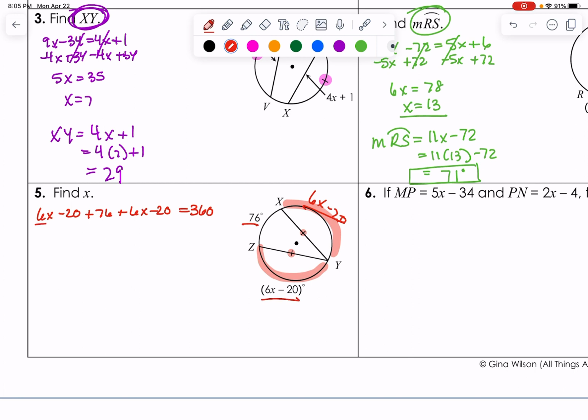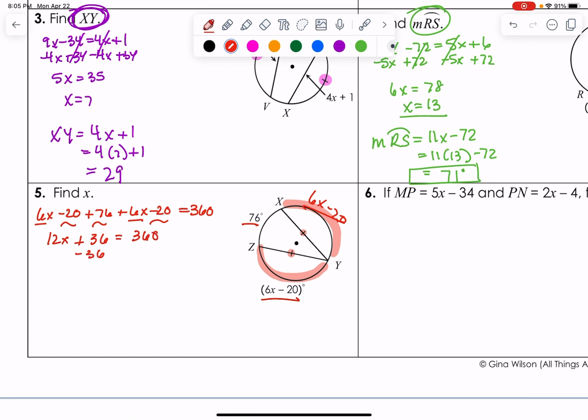So let me combine like terms. 6x and 6x is 12x. Minus 20 plus 76 and minus 20 is minus 40. No, I think I did that wrong in my notes. 76 minus 20 minus 20, yeah, equals 36. 12x plus 36 equals 360.